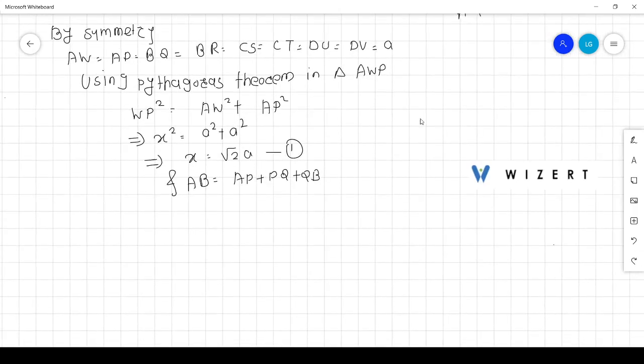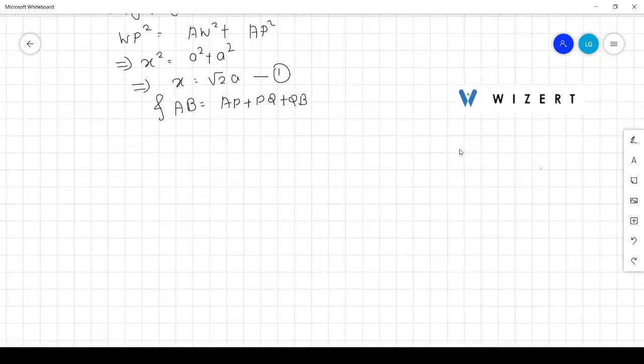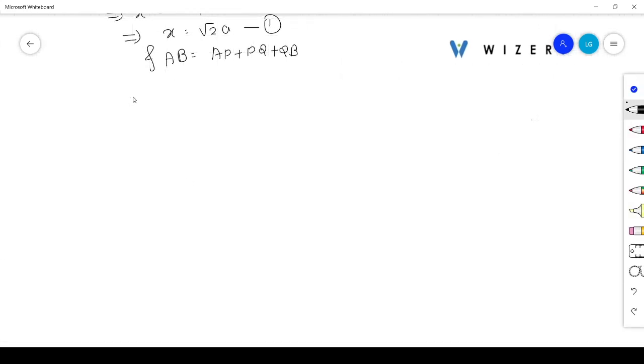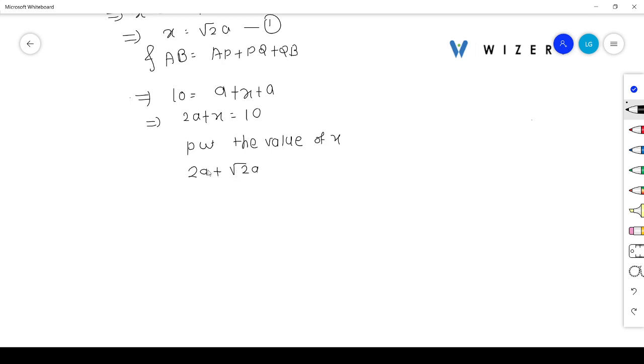So, as AB is 10, that is the side of the square, it equals A plus X plus A, that is 2A plus X equals 10. Now, put the value of X, we get 2A plus root 2 A.